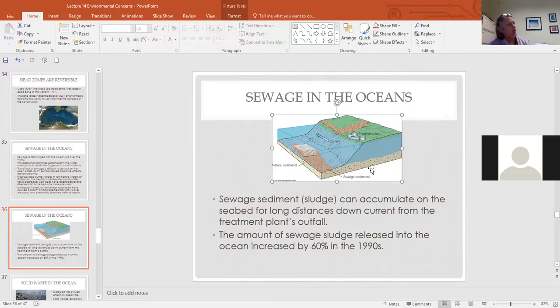So you flush the toilet and basically that water leaves your house, enters city water, and is taken to wherever the sewage treatment plant is, and it's left out in retention ponds. Could have oxygen bubbled through. What you're doing is you're using bacteria, bioremediation, to digest out all of the nutrients.